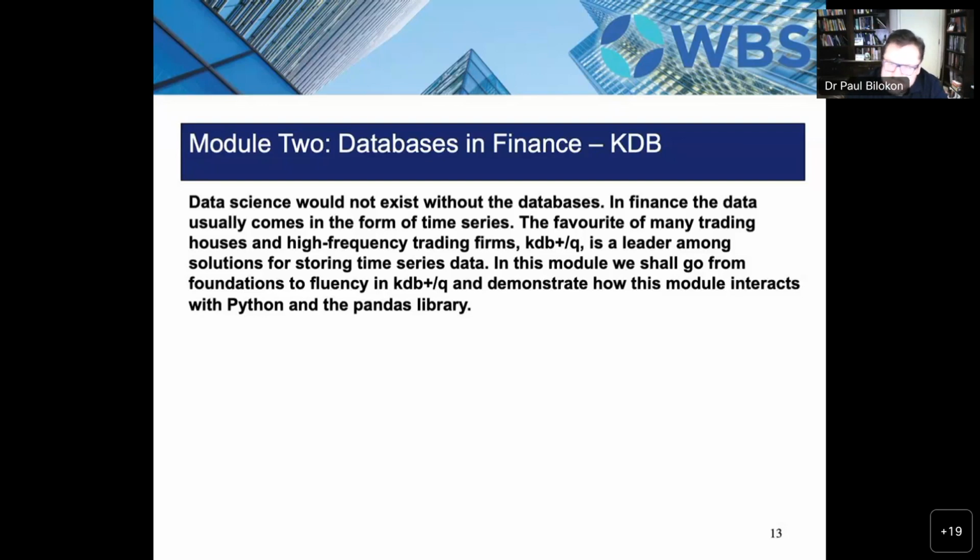There is a question: time series data is analyzed in Python as well. So using KDB/Q, please advise what additional features it will provide or what advantages it has over Python. Well, in Python, you will be using something like pandas or Vaex to deal with data. The problem is you are really restricted by the volume of data that you can handle in a pandas data frame, but you're also limited by speed.